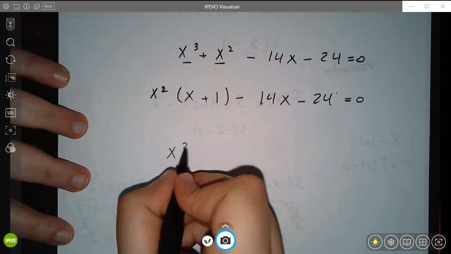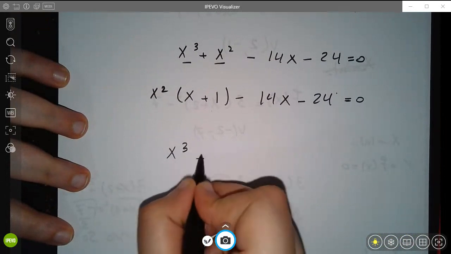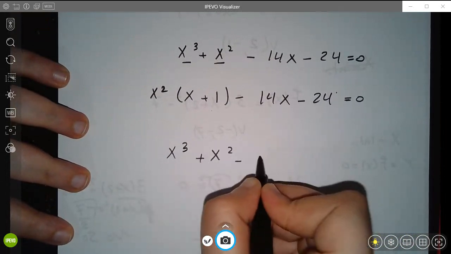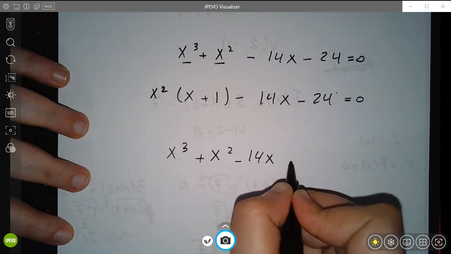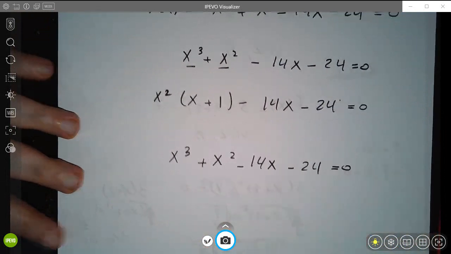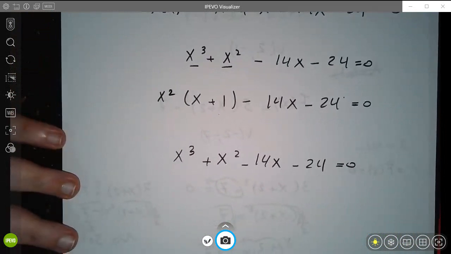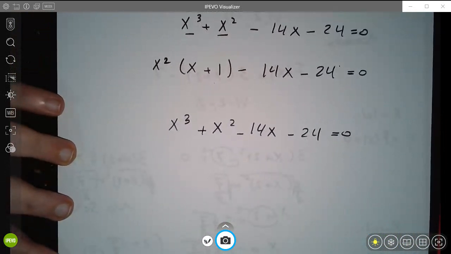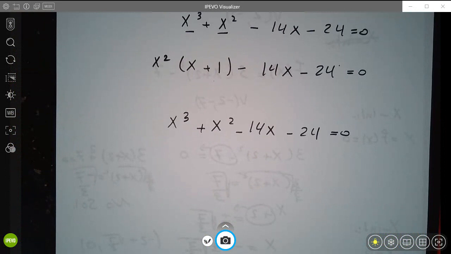So now looking at it, squared, 14x minus 24 equals 0, right? So any ideas? How do you think I'm going to solve this using synthetic division?